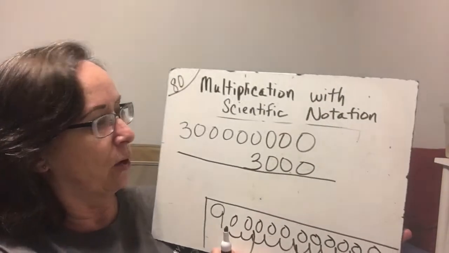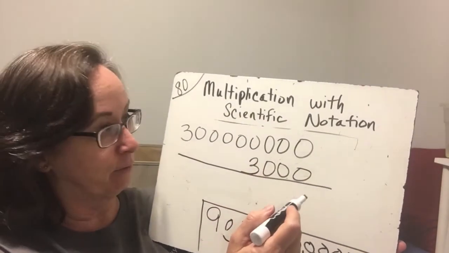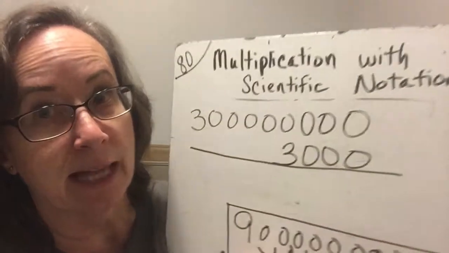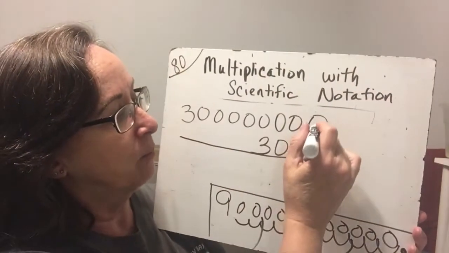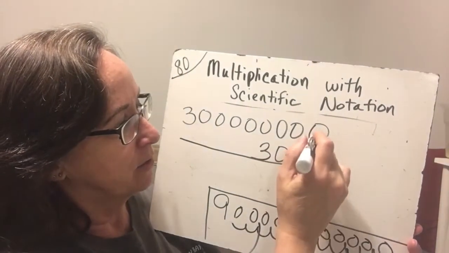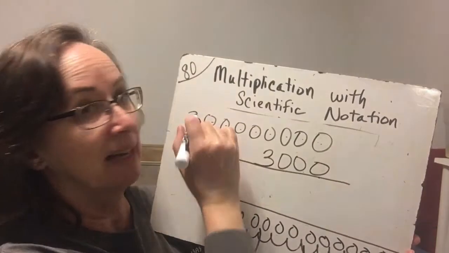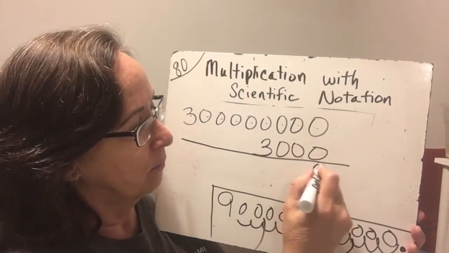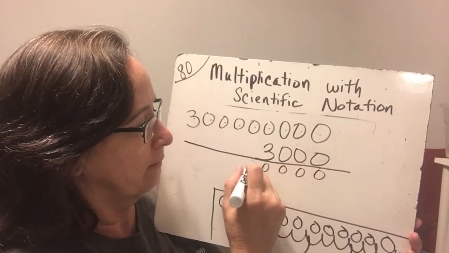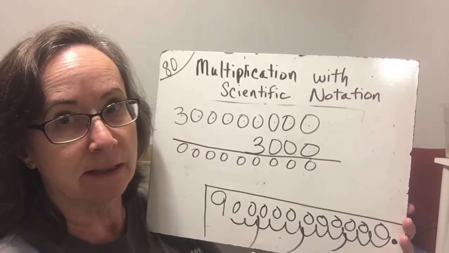Okay, so when we multiply it, if we were going to keep track of all those zeros, that's a lot of zeros. But we're going to have all of this up here times 0. So we're going to have 1, 2, 3, 4, 5, 6, 7, 8, 9 places of zeros. They're all zeros.